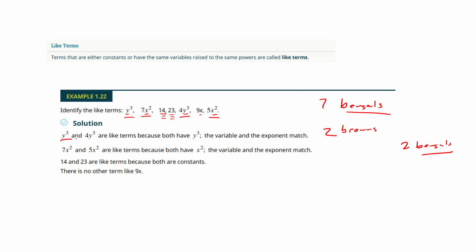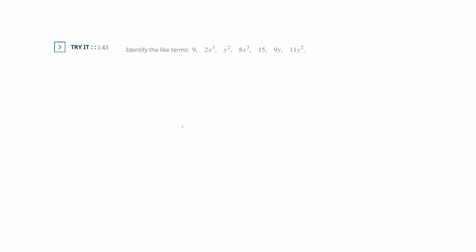So these are the same team name. You've got a guy on the y cubed team, 4 guys on the y cubed team. You've got 7 guys on the x squared team, 5 guys on the x squared team. That is exactly the same name. And then we just have the numbers. They're on the same team as well. Nobody else was on the x team. So our like terms here are, we have the numbers. Those guys are on the number team.